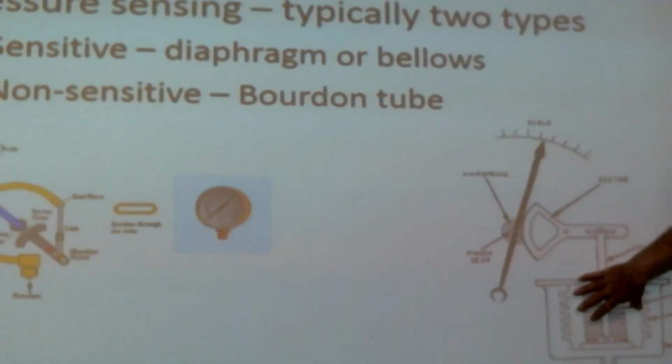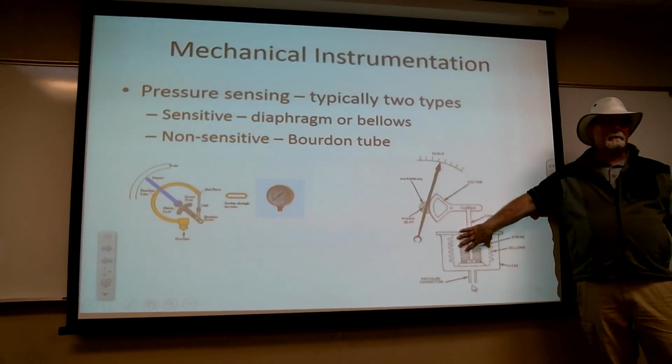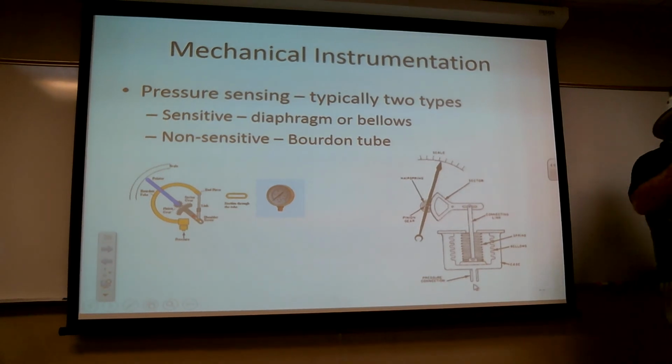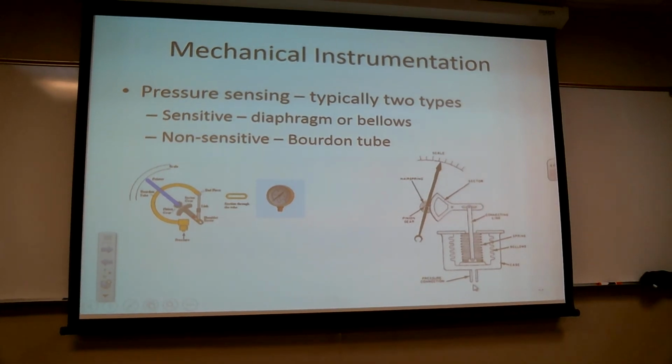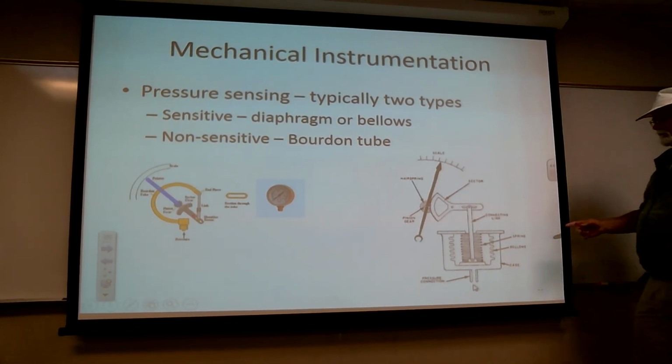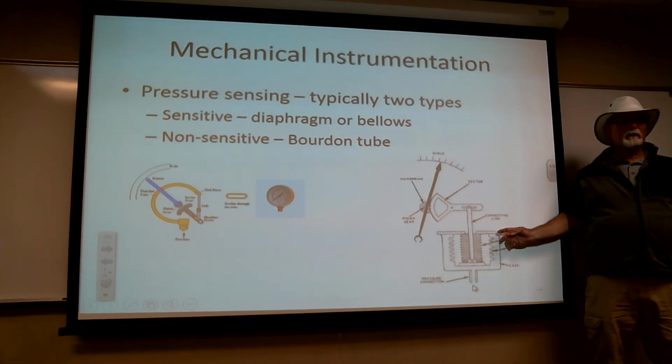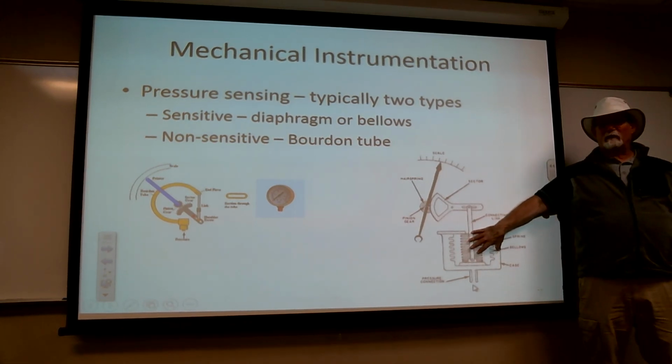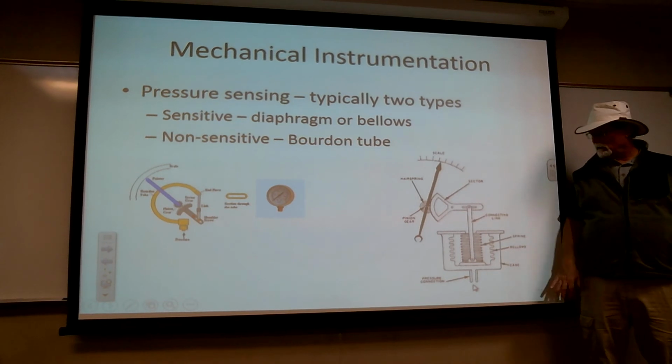This may have gas in here or may be completely empty. If we don't want it to respond to changes in temperature, we'll leave this empty, evacuated. If we want it to respond to changes in temperature, then we'll fill it with nitrogen, usually dry nitrogen.